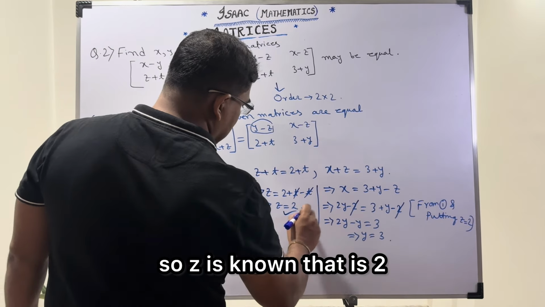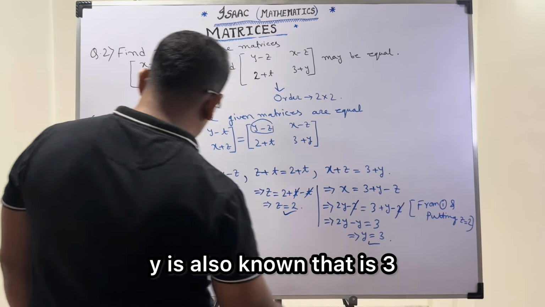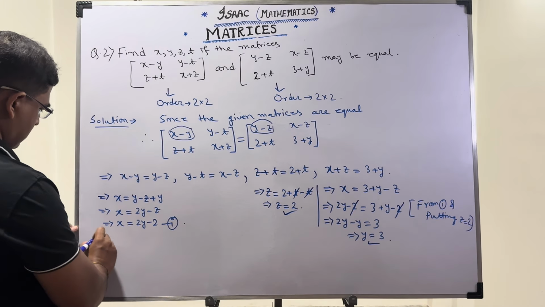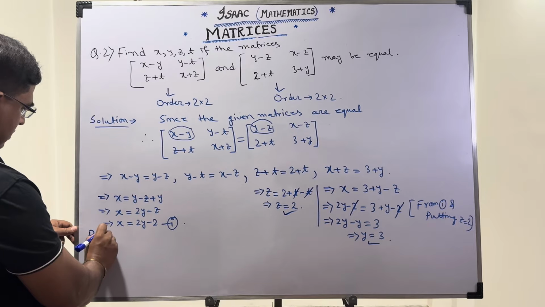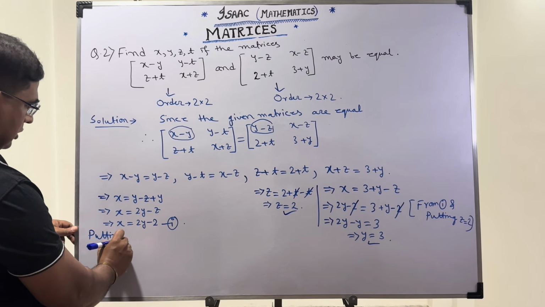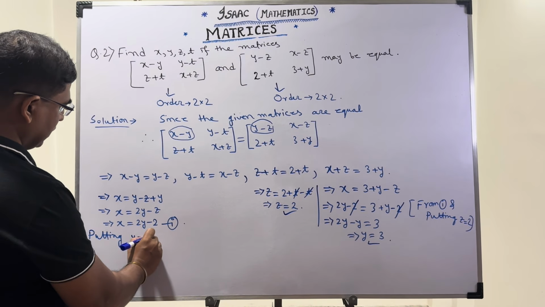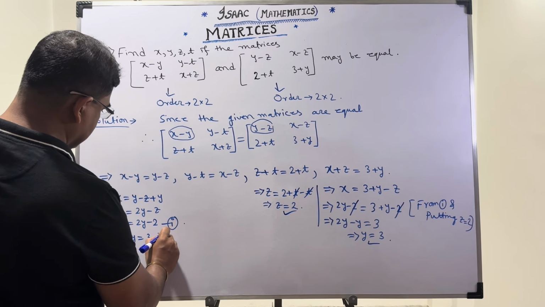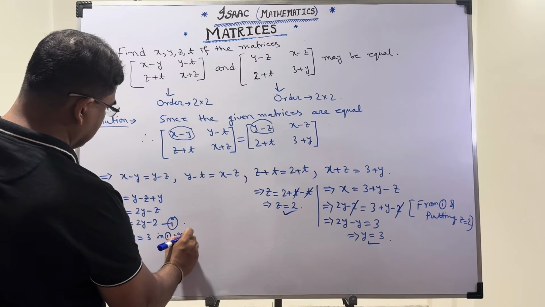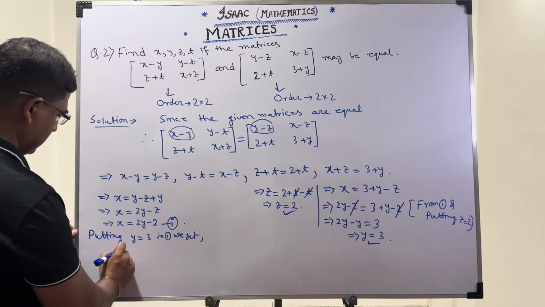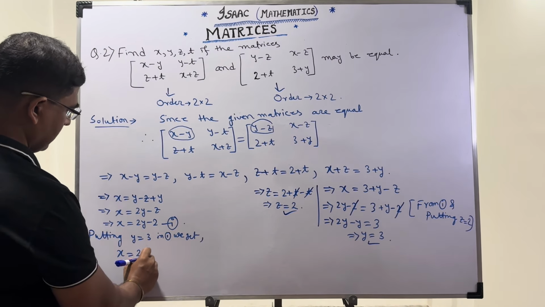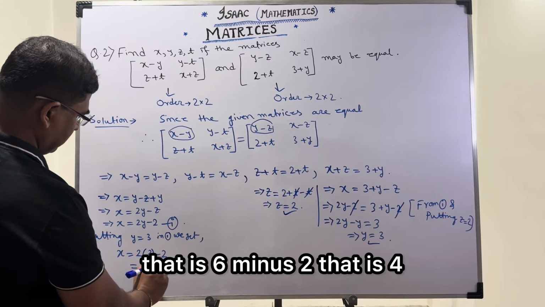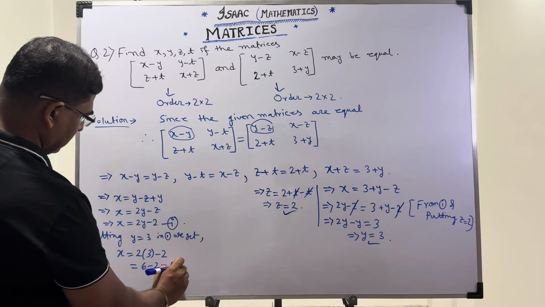So z is known, that is 2, y is also known, that is 3. Now putting y equals 3 in 1, we get x equals 2 into 3 minus 2, that is 6 minus 2, that is 4.